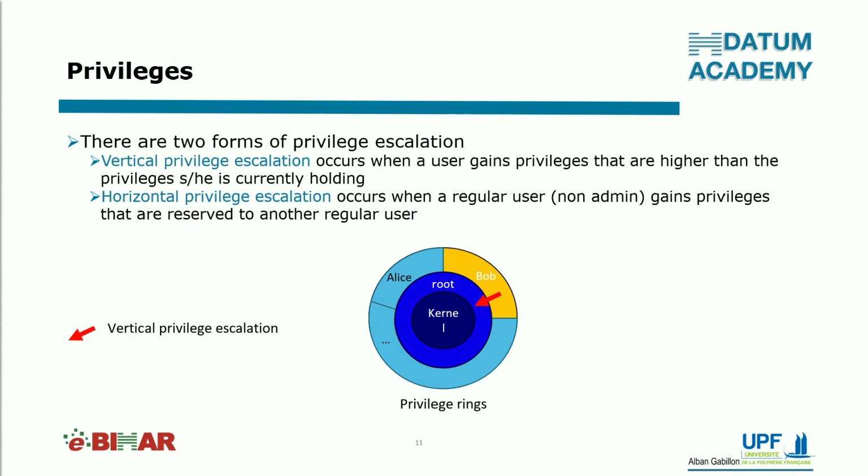In a horizontal privilege escalation, a regular user, that is a non-admin user, gains privileges that are reserved to another regular user. For example, if Bob goes from a privilege level corresponding to his account to a privilege level corresponding to Alice's account, then there is a horizontal privilege escalation.